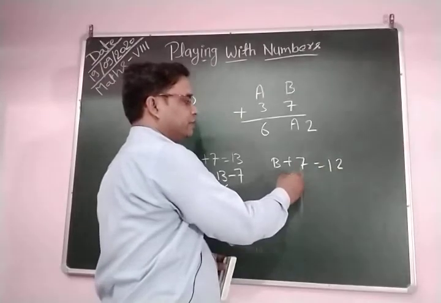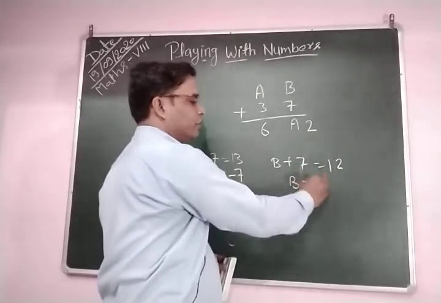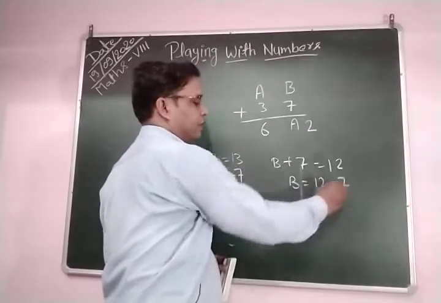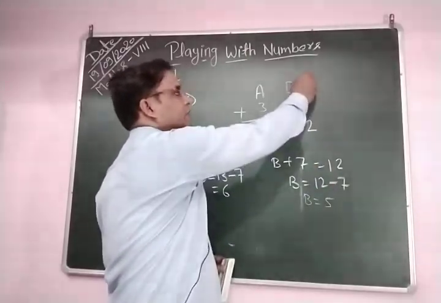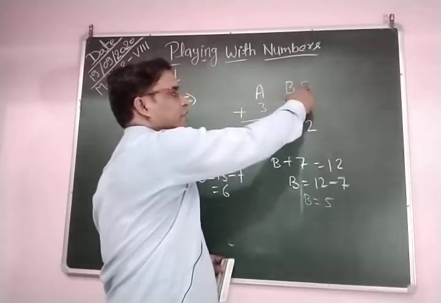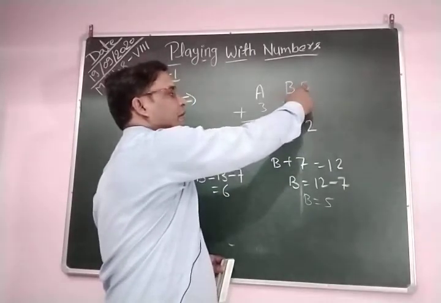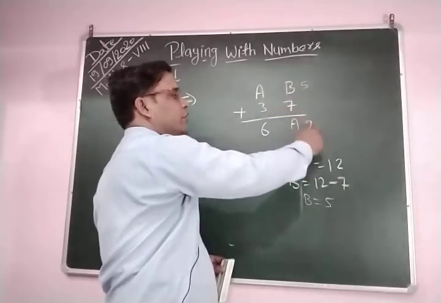So you can say B is equal to 12 minus 7, or you can write here B is equal to 5. So if B is equal to 5, then 5 plus 7 is equal to 12.